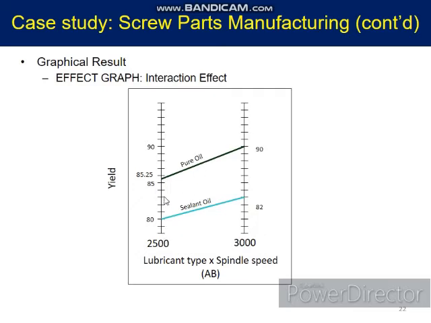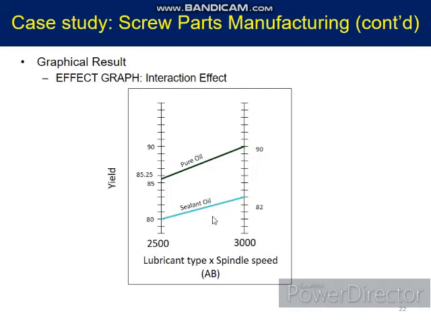So again, you plot another line for the pure oil. At the minus level of spindle speed, you get 85.25. And as the speed increases to 3000 with pure oil, you get a yield of 90%.